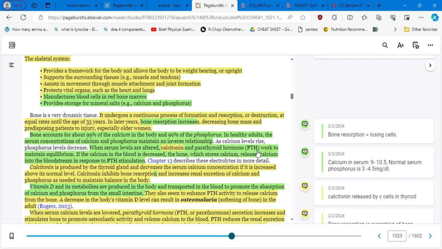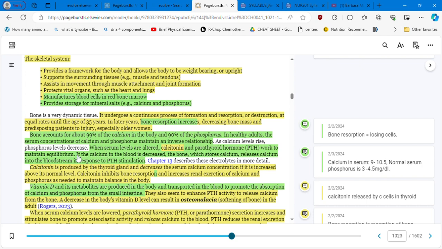I remember it that way. So let's review this again. When serum levels are altered, it could be phosphorus or calcium, and we know in the serum they have an inverse relationship. Calcitonin and parathyroid hormone work to maintain equilibrium.